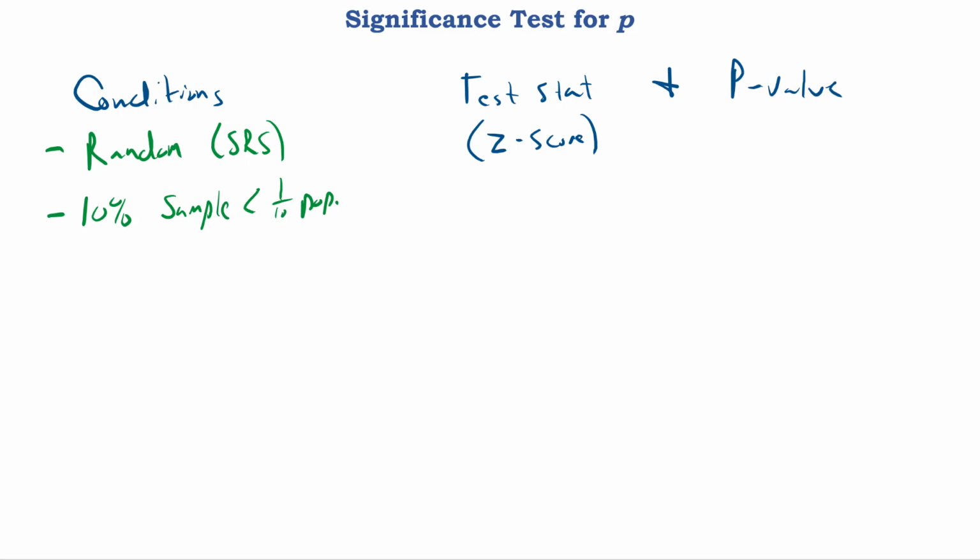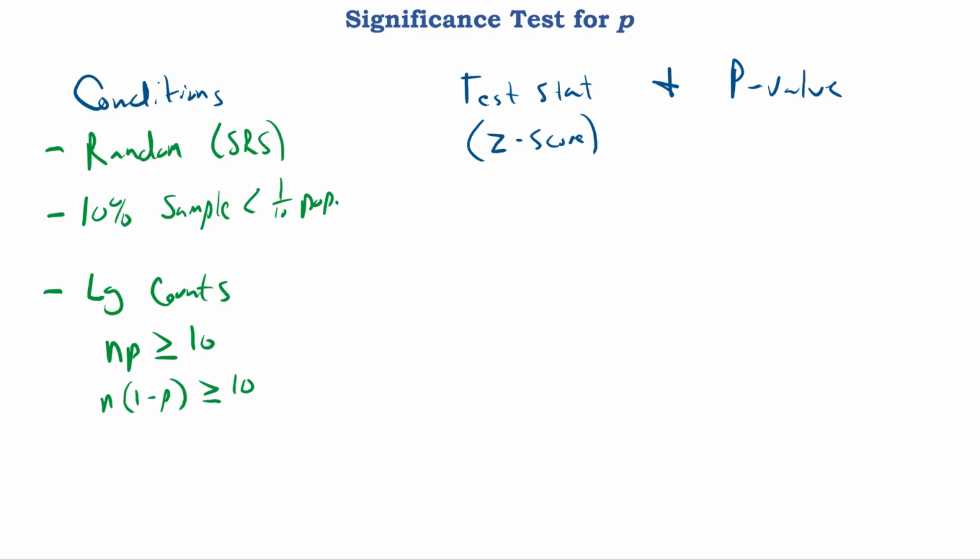The last thing to worry about is making sure we have an approximately normal shape in the distribution for our sample. We use large counts. The sample size times your proportion needs to be greater than or equal to 10, and the sample size times 1 minus your proportion has to be greater than or equal to 10.